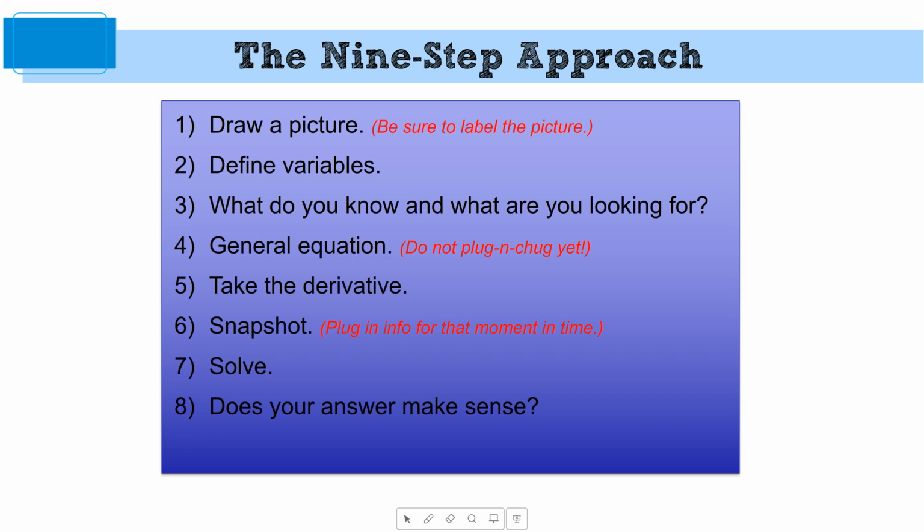Your car is not traveling at 5 times the speed of sound. I don't care what kind of car you drive. So again, take 2 seconds to ask yourself, and some of them you're not going to be able to answer. You're not going to have any clue whether or not it makes sense. And then step 9, don't forget units. You don't need units through the whole problem, but you do need units on your final answer.